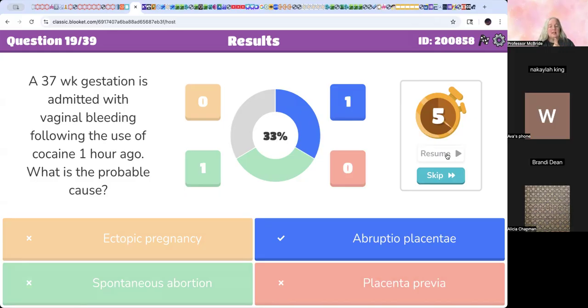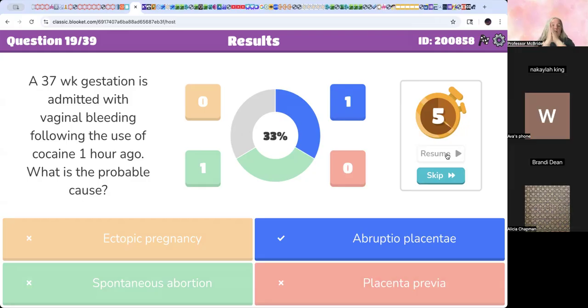Ectopic pregnancies are pregnancies that implant somewhere other than the uterus, like the fallopian tube. So that brings us down to placenta previa or abruptio placentae, which is a placental abruption. Placenta previa has to do with the placenta attaching in the bottom part of the uterus, overlapping the cervix.